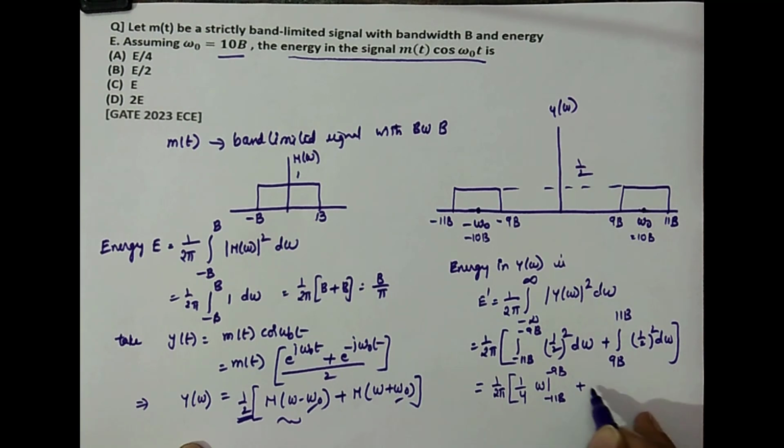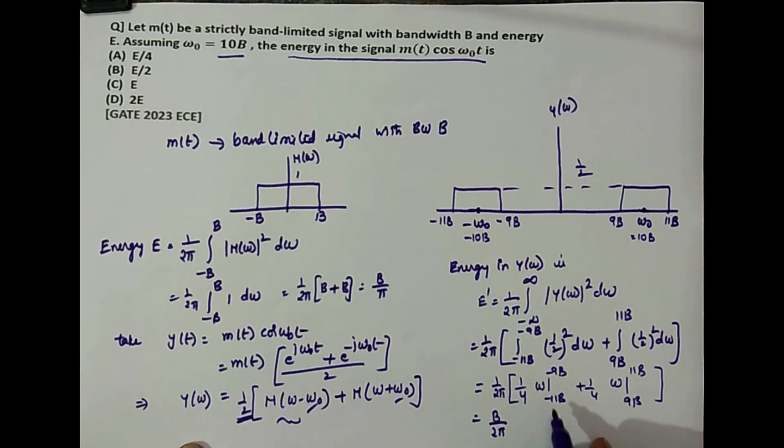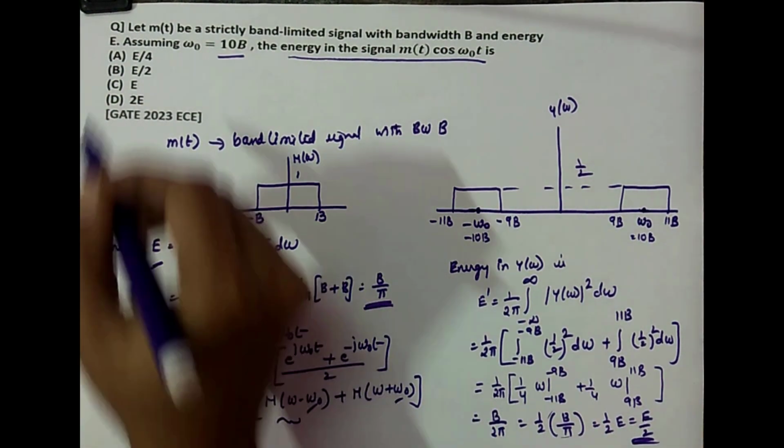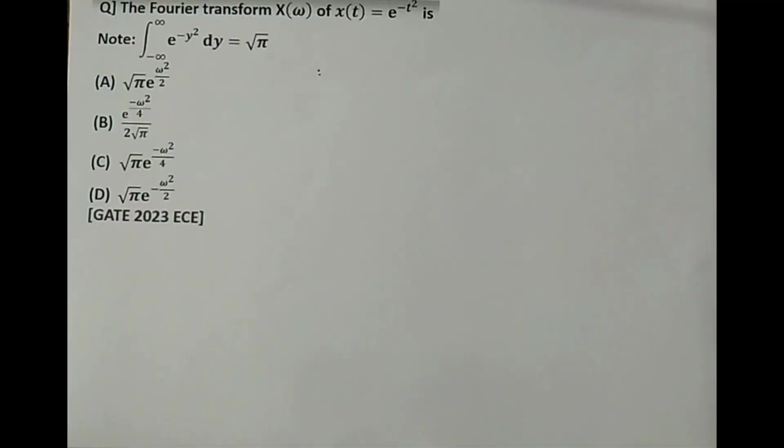Again here also 1 by 4 omega between 9b to 11b. If you calculate this, you're going to get b by 2 pi. B by 2 pi can be written as 1 by 2 of b by pi, which is nothing but 1 by 2 into E. So it is E by 2. See here, b by pi is E. So the answer is E by 2.